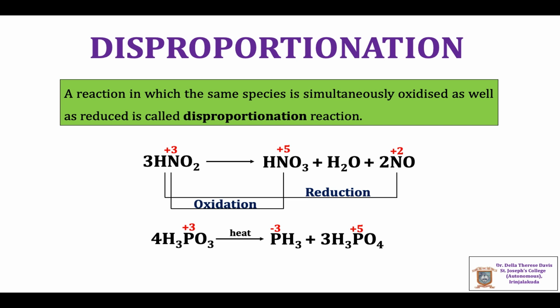The +3 oxidation state of phosphorus is changed to -3 in PH3, and in H3PO4 phosphorus shows an oxidation state of +5. Thus, +3 is reduced to -3 for PH3, and +3 is oxidized to +5 for H3PO4.